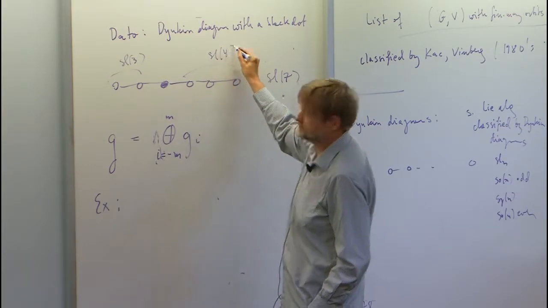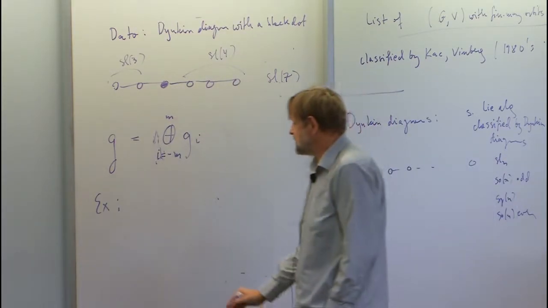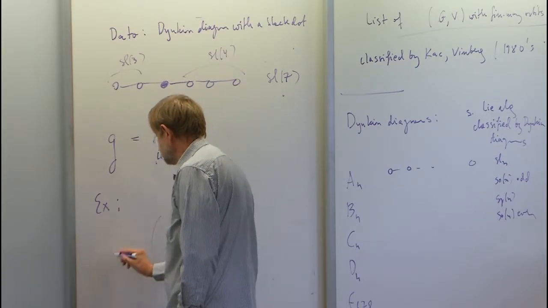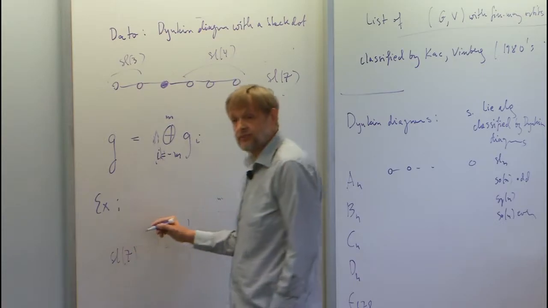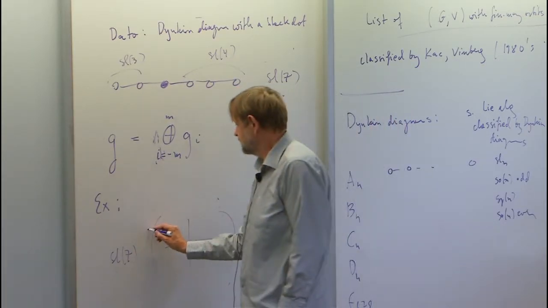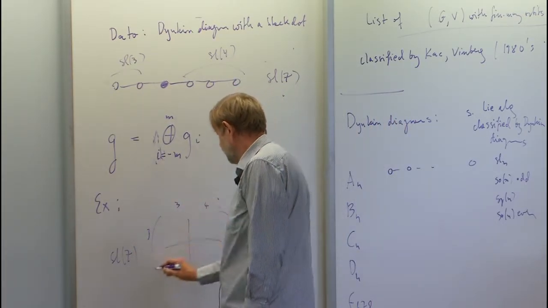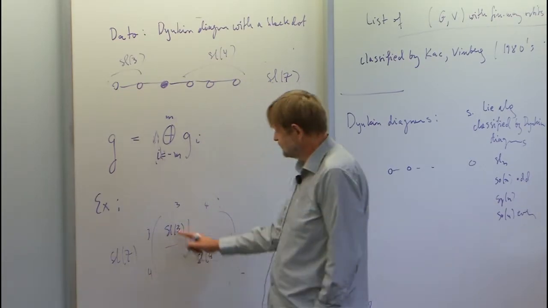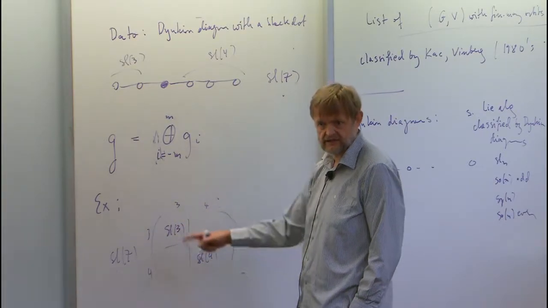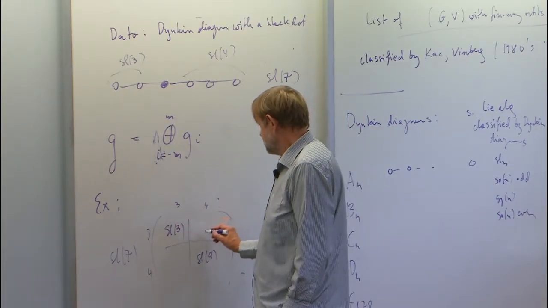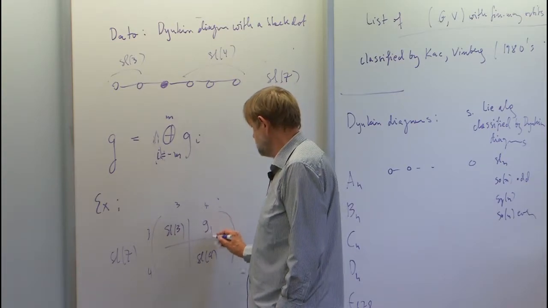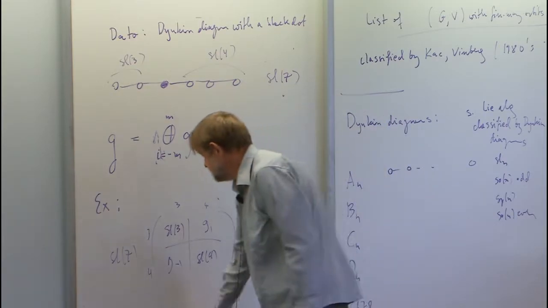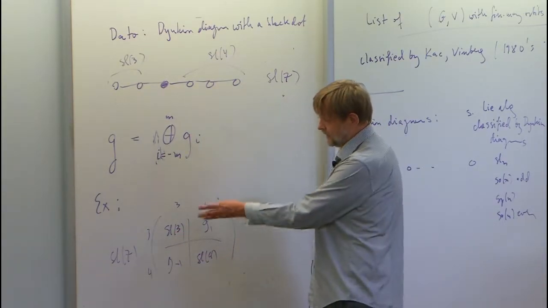So what you do is write your SL7 in block form, 3, 4, 3, 4. Here you get SL3 and SL4, but actually you get one more dimension because there's something in the diagonal matrices. Here you get something I call G1, and here I call G minus 1. This would be G0, plus C. Clearly the commutator will respect the grading.